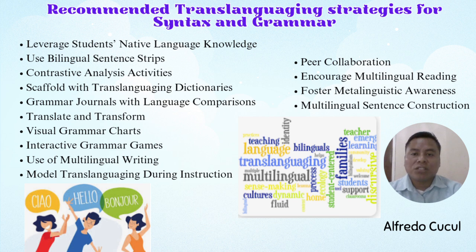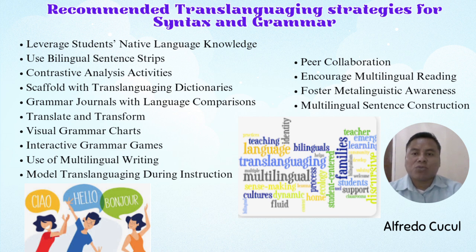Model translanguaging during instruction, whereby teachers switch between languages to explain grammar points and encourage understanding. And the other one is peer collaboration. We can encourage students to explain grammar concepts to each other using their native languages.